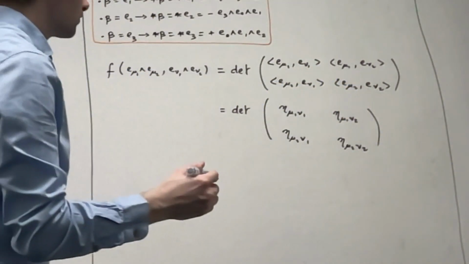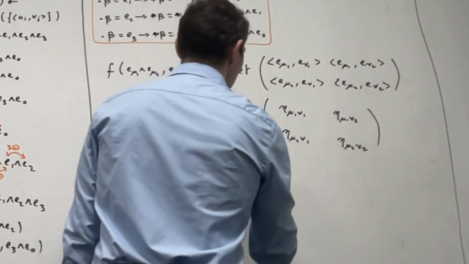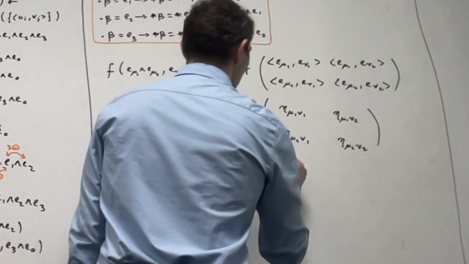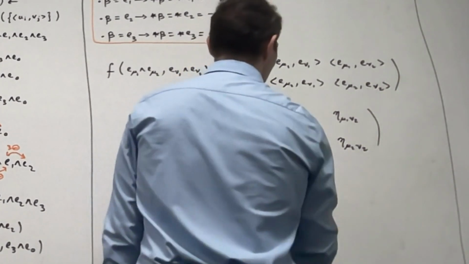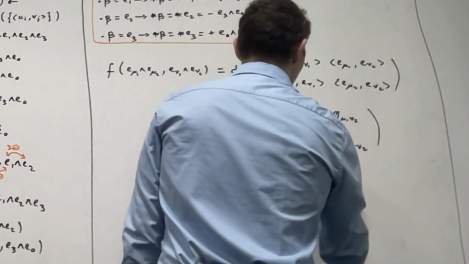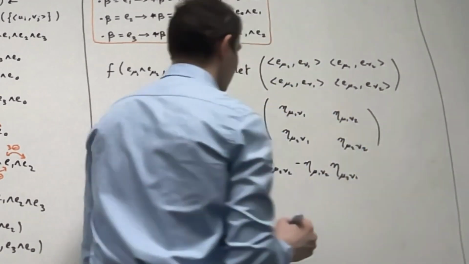Okay, and then the determinant, it's a 2 by 2 matrix, is going to be eta mu1 nu1, eta mu2 nu2 minus eta mu1 nu2 times eta mu2 nu1.